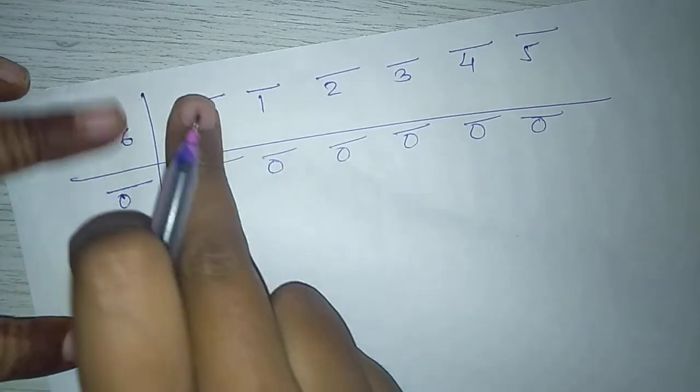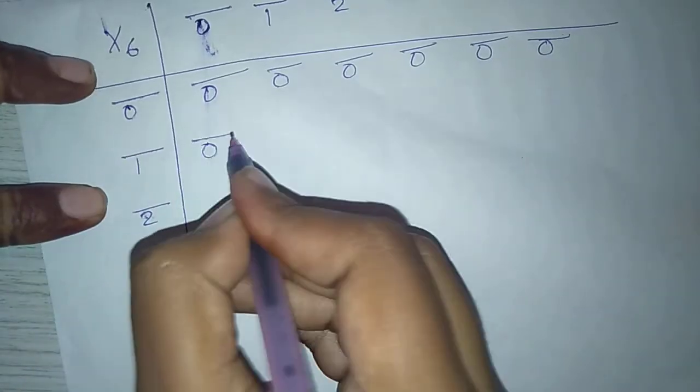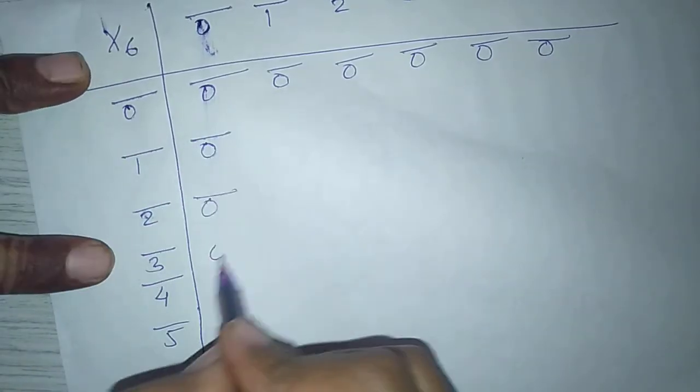Here 0 into something is 0. 1 into 0, 2 into 0, 3 into 0, 4 into 0, 5 into 0.